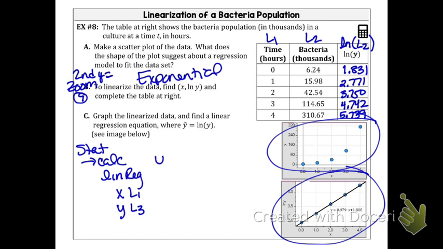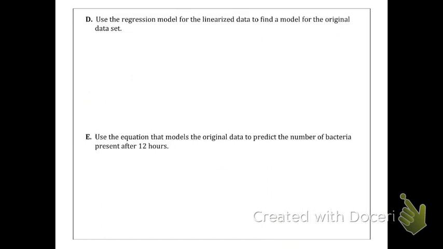All right, and so what you should get then is your y hat is going to equal 0.979x plus 1.809. D says use the regression model for the linearized data to find a model for the original data set.